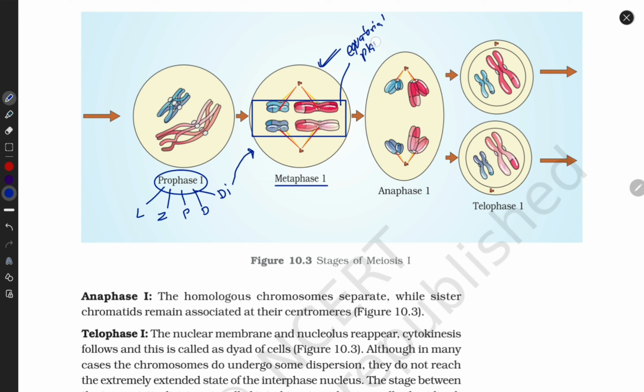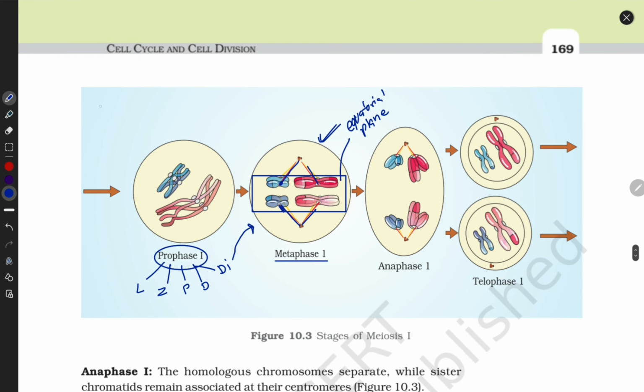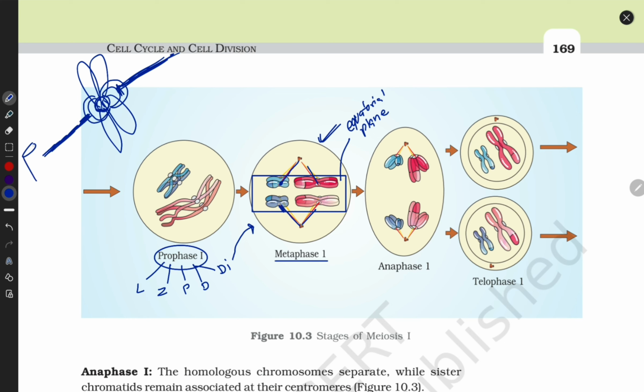They are attached with spindle fibers. And this is the kinetochore, and spindle fibers attach at the kinetochore. Their other end is connected to the centriole.